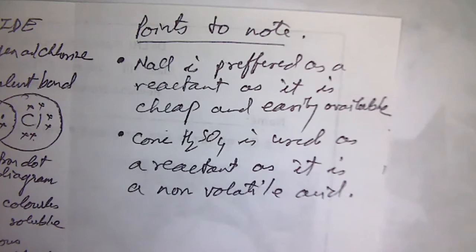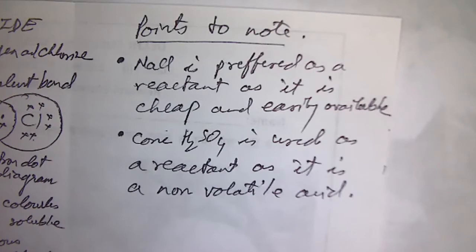Non-volatile acid means the acid does not go into vapor state easily. So it will not vaporize. So even when you are heating it, the vapors of this acid will not be formed. Whereas if you use other acids, vapors and other things may be formed. That means along with HCl, you may be getting some other gases. Clear? So H2SO4 being a non-volatile acid, it is used here.